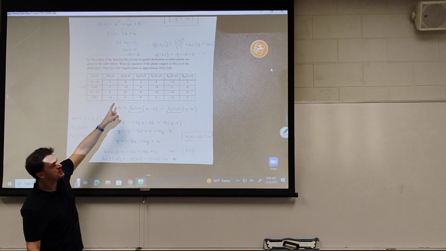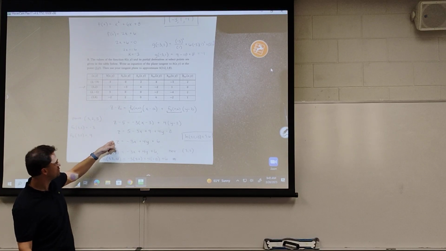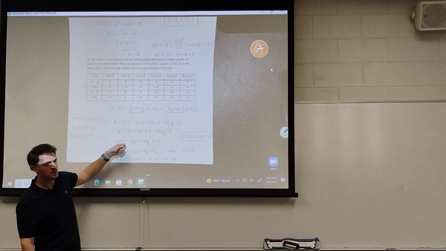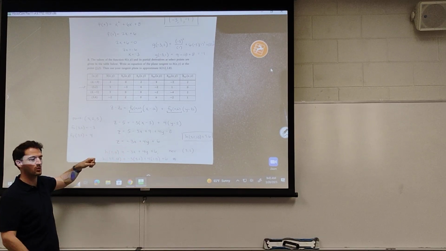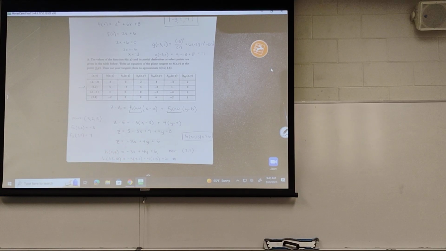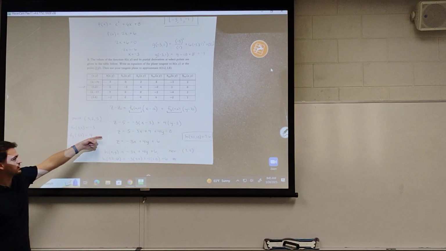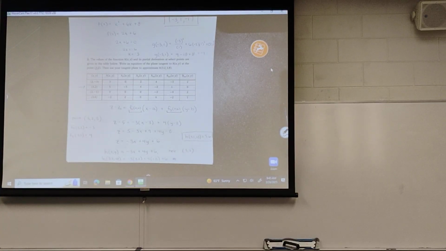Because I want to use this as an approximation, you do want to leave this as z equals something. So what it's asking you to do with the plane will decide how you want to clean this up.